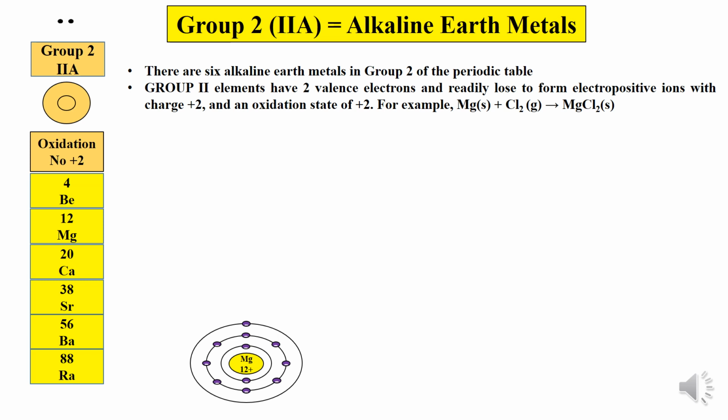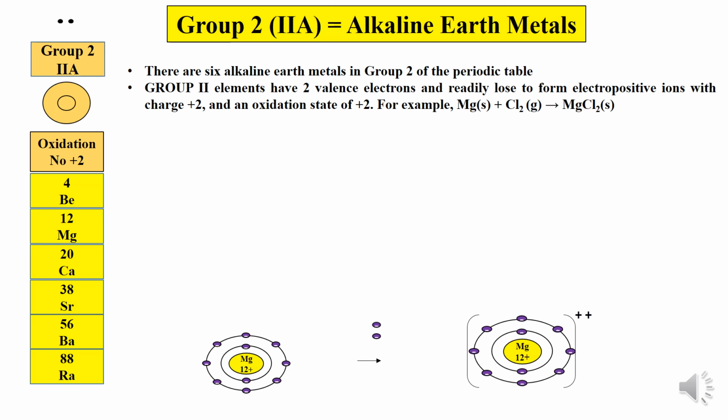Now let's examine the electronic structure of magnesium to understand why it loses its 2 valence electrons. Magnesium has 2 valence electrons in its outermost valence shell. It loses its 2 valence electrons in the reaction to form an electropositive ion with a +2 charge.